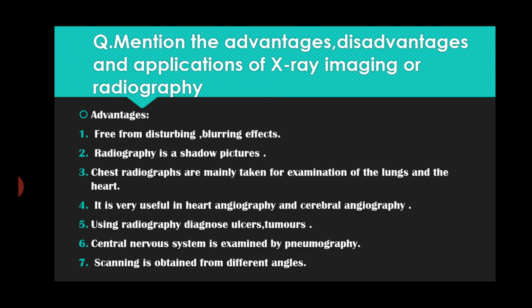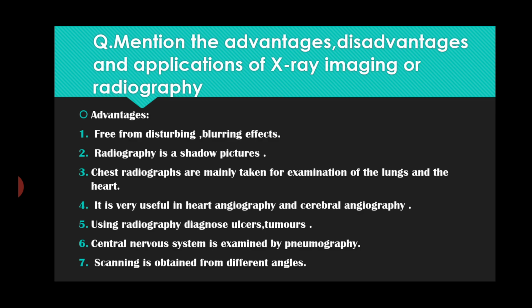Now we will see the advantages, disadvantages and applications of X-ray imaging or radiography. First we will see the advantages. First, free from disturbing and blurring effects. Radiography is a shadow picture. Chest radiographs are mainly taken for examination of the lungs and the heart.